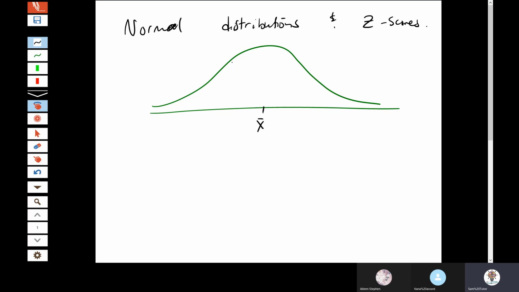Now we can capture 68% of the data if we go one standard deviation away from the mean in either direction. So one standard deviation to the left and one to the right captures 68% of the data. 95% of the data is captured if we go 2 standard deviations away.